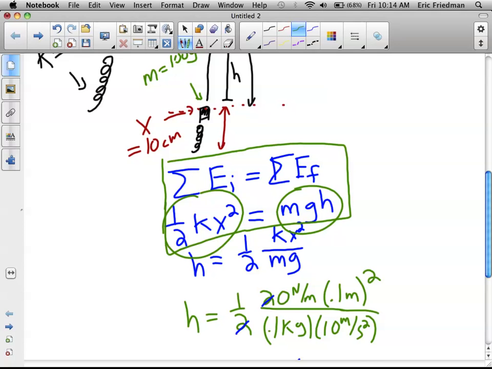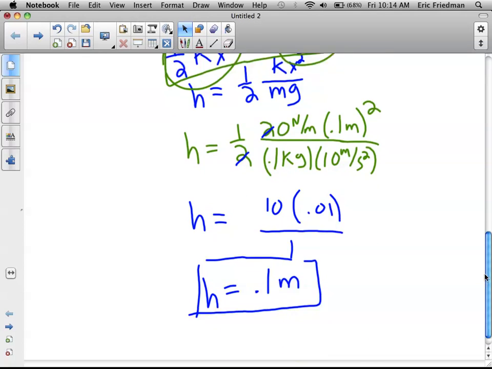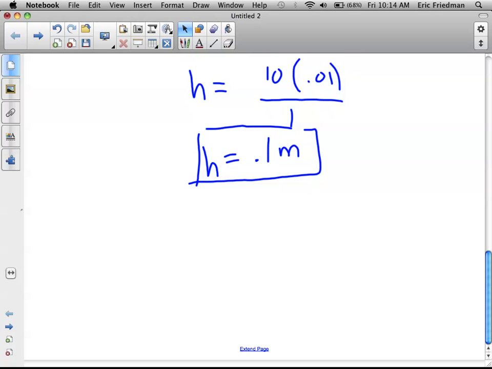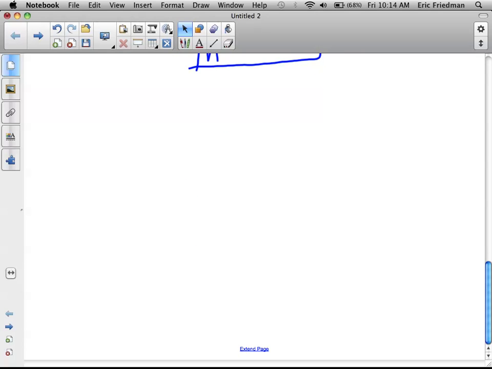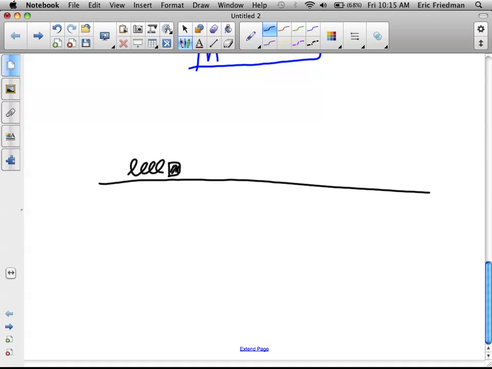A different way we could set this problem up, and I'll just set it up and won't solve it, to keep the video shorter, is to turn it into kinetic energy instead of potential energy. Let's say I set the spring this way and put the mass at the end of the spring. As long as I have no friction, I can figure out how fast the mass is going after I let it go from the spring.